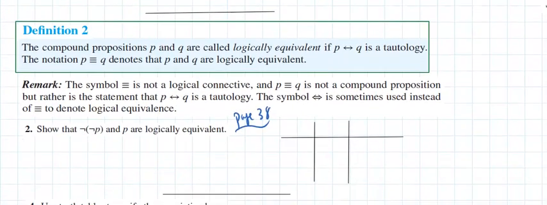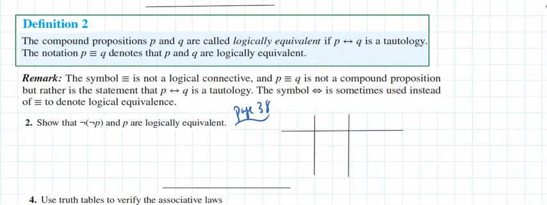Definition 2 talks about equivalence. The compound propositions P and Q are called logically equivalent if P if and only if Q. Remember, if and only if works forward and backward, so it works in both directions. If P is true, Q must be true, and vice versa.